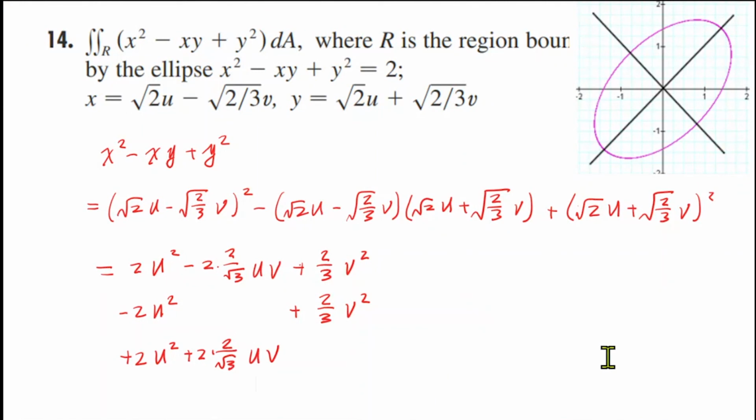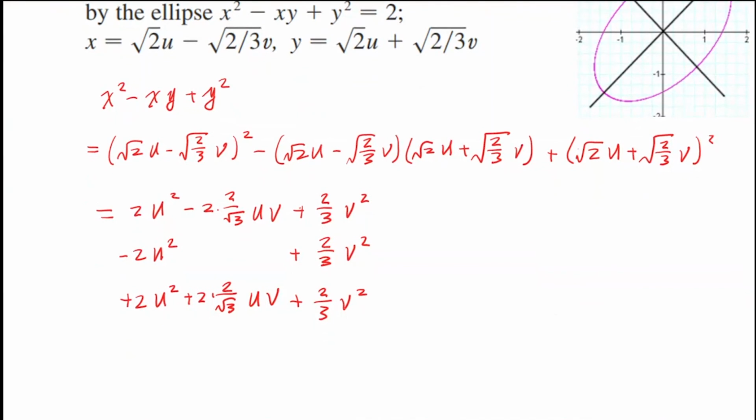And then that thing is squared, so we have plus 2/3 v squared. Add them up. Then we have 2u squared. These two cancel, and what is that? 2/3 to the 2. Wow! Wow! Wow!